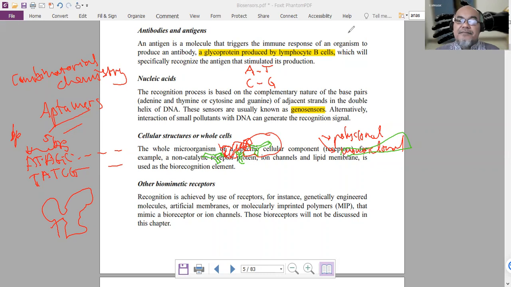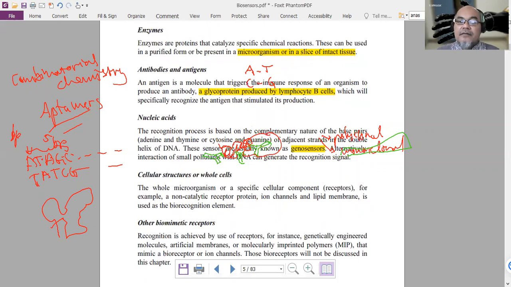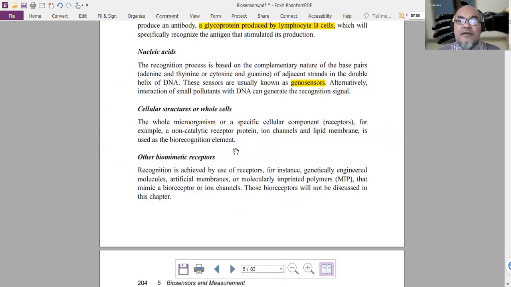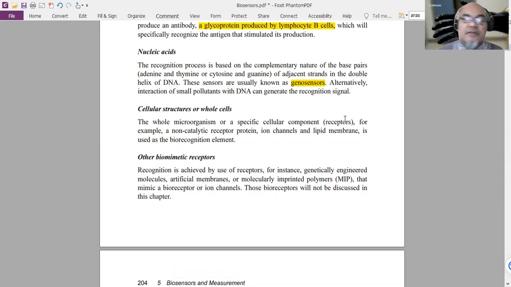Okay, then the fourth one is cellular structure. Cellular structure or whole cells, the whole microorganism or a specific cellular component receptor. For example, a non-catalytic receptor protein, ion channels, and lipid membrane are used as the biorecognition element.